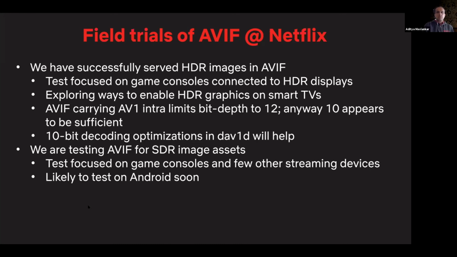But we're also exploring ways to enable HDR graphics on smart TVs. One thing to note here is that AVIF carrying AV1 intra limits the bit depth to 12. But anyway, it looks like 10 is a sweet spot where we can still convey that stunningness of HDR. And this also ties in well with the 10-bit decoding optimizations in dav1d, which are ongoing.